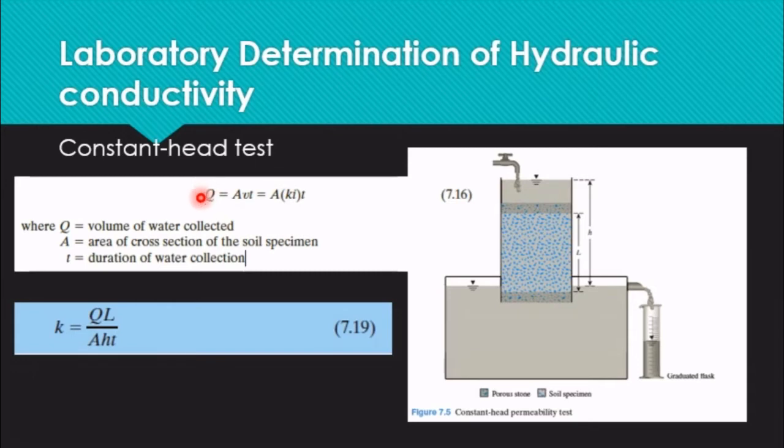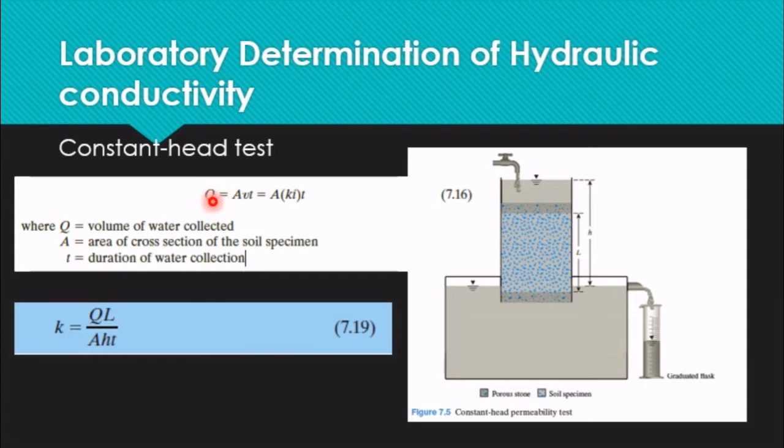So Q or the discharge is equal to the area multiplied by... actually yung Q dito ay volume kasi yung time andito. 'Di ba? Q or the discharge, yung small letter q is cubic meter per second. So, pag volume lang, Q ang notation doon sa book ni Braja M. Das.